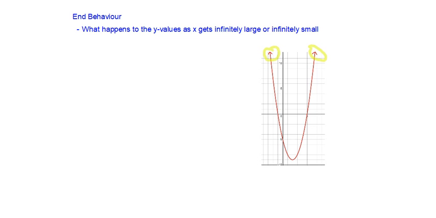And the way that we do this is we describe it as x approaches -infinity. So this little arrow here just means approaches. So as x approaches -infinity, don't forget, this is the x-axis, this is the y-axis.